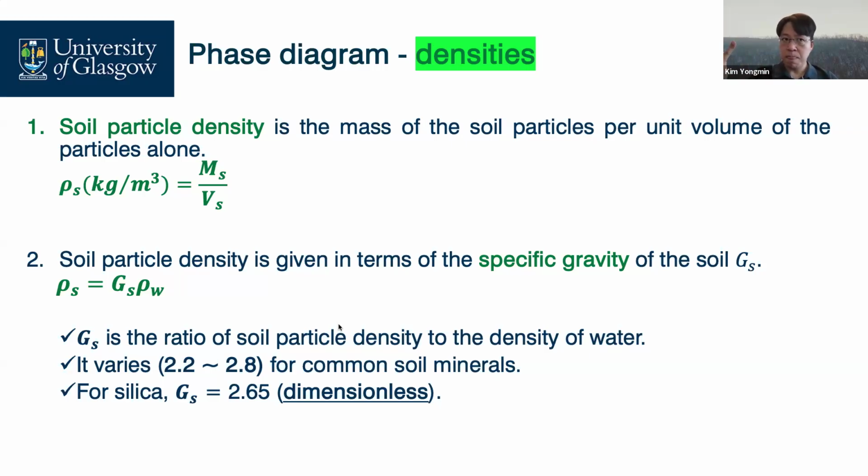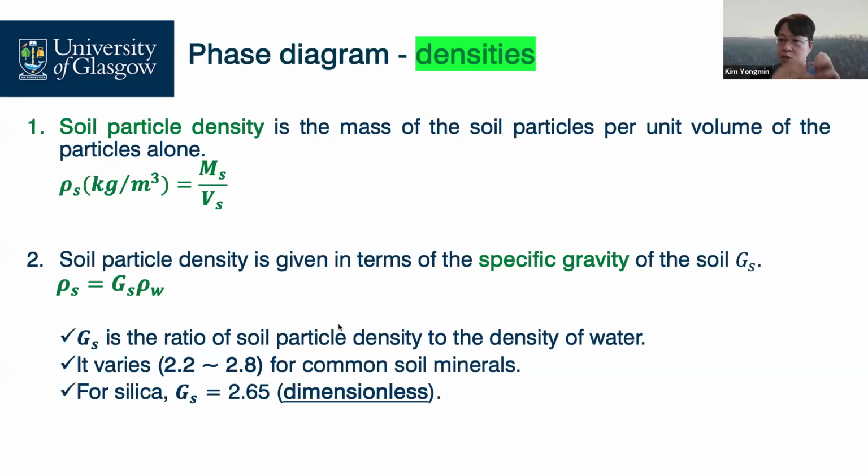For example, sand. You just step out and take some soil sample from your playground, and then you can put it in the water. All soil particles settle down, right? Sedimented.